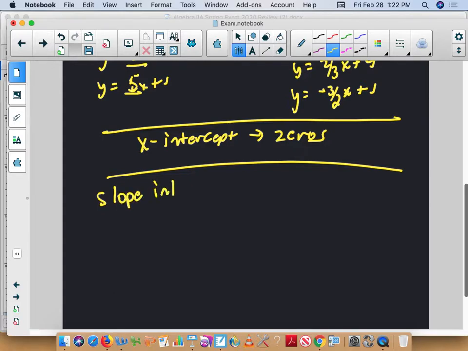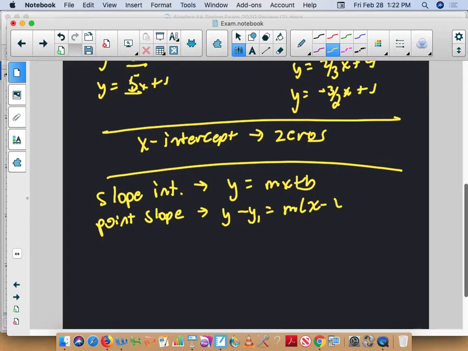I think Sophia referred to that one, or Bella. That would be y is equal to mx plus b. Point slope: y minus y1 equals m times x minus x1. And standard form.